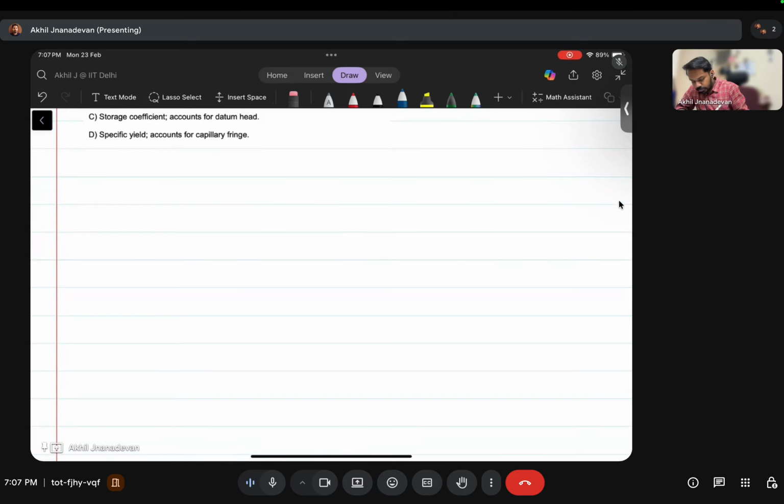So we know the Richards equation is given by ∂θ/∂t, where θ is nothing but the volumetric moisture content, equals ∂/∂z of D ∂θ/∂z, where D is the diffusivity of the soil water, plus ∂K/∂z.